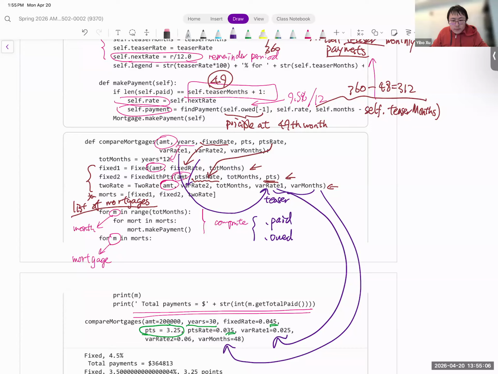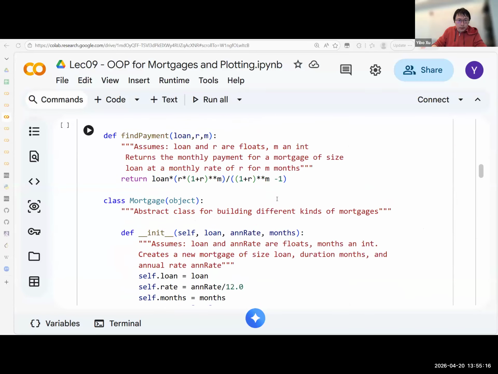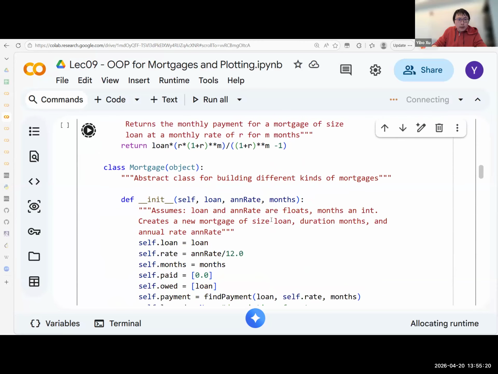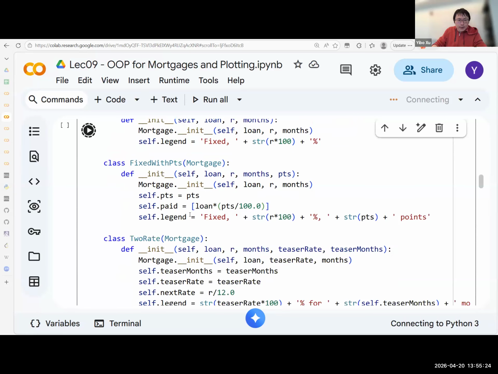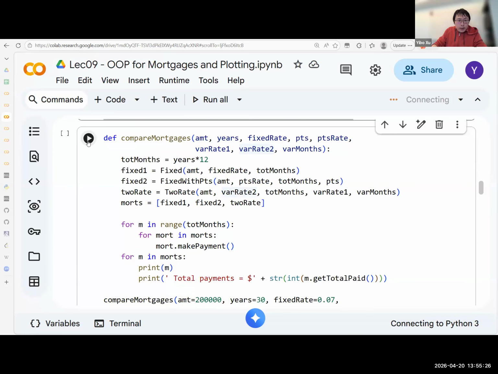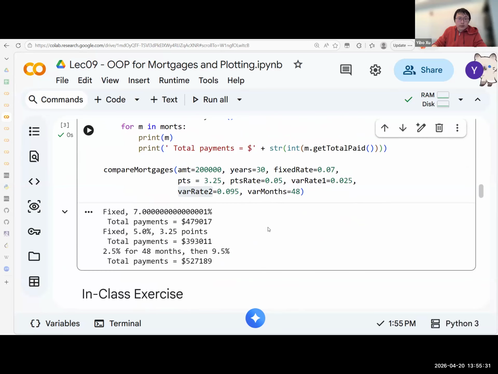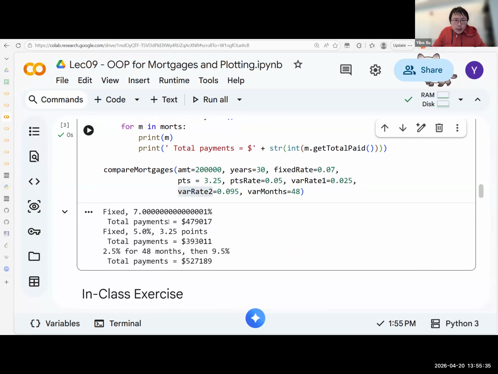Okay, so let's run the code and make whatever changes you feel necessary. But let me make sure that all the things are executed. I need the original class. I need the subclasses. I need to compare the mortgages.